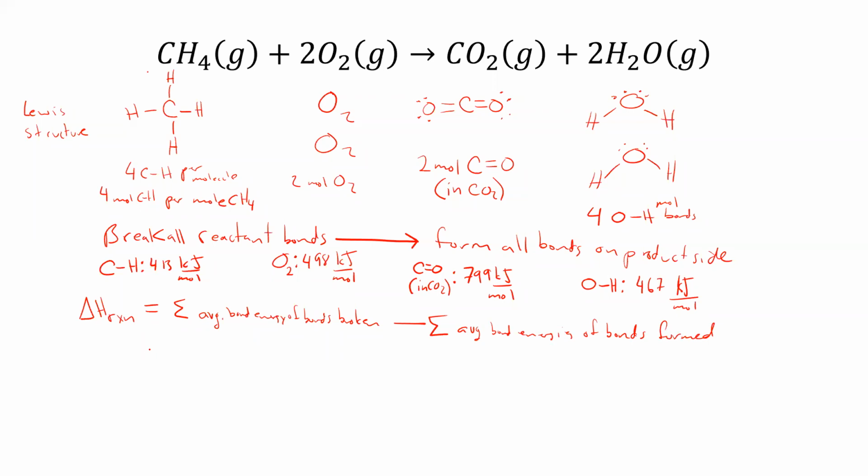Okay. And so to figure that out, all we have to do is we go up here, we say, oh, okay, well, we have 4 moles of methane. Excuse me, 4 moles of CH bonds in methane.